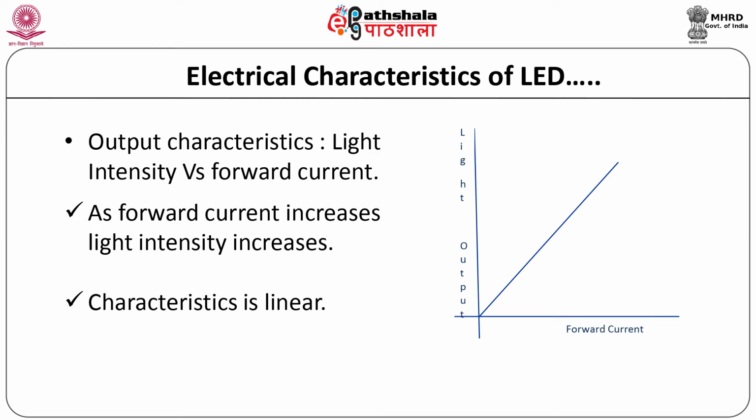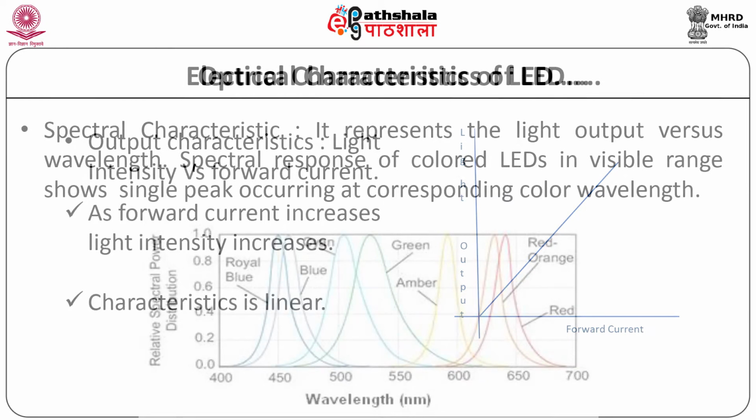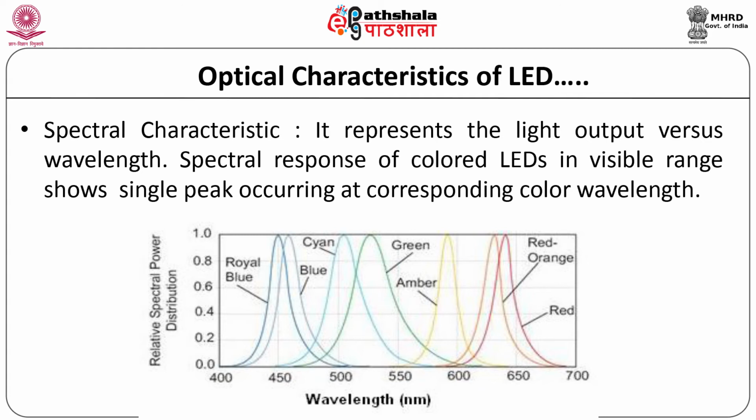Since an LED converts electrical energy into optical energy, light intensity variation with respect to input forward current becomes an important characteristic. The relation is linear. As forward current increases, light intensity goes on increasing. Spectral characteristic represents the light output versus wavelength.